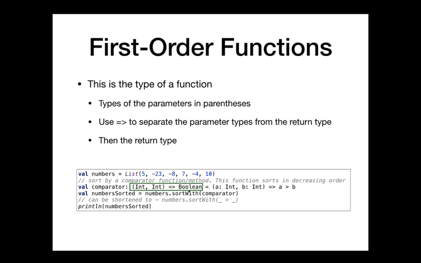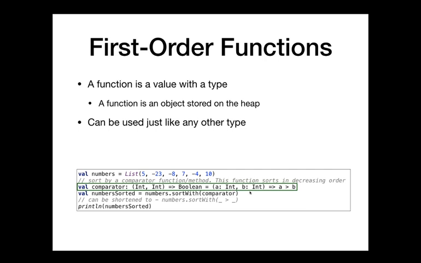Comparator is a value that stores a function that takes two ints as parameters and returns a Boolean. And I define a function that takes two ints and returns a Boolean with some definition. What does it return? It takes two ints, and happens to evaluate to a Boolean. The last expression is a Boolean, so I'm not breaking my types. I have the same type on the right-hand side and left-hand side of the assignment operator.